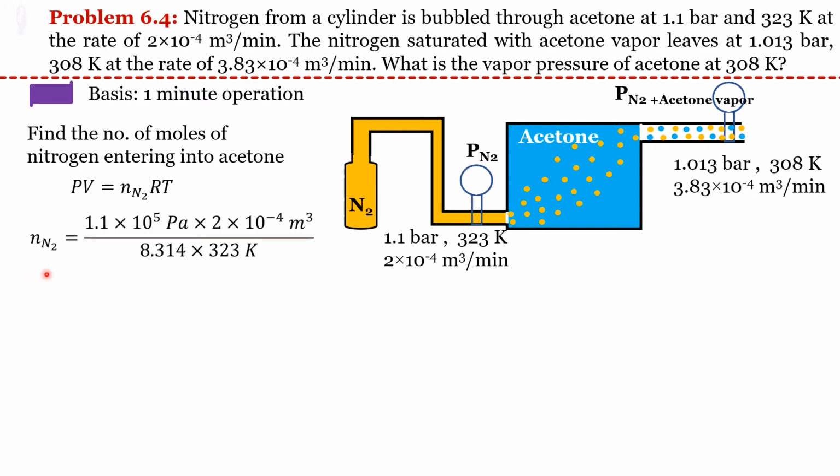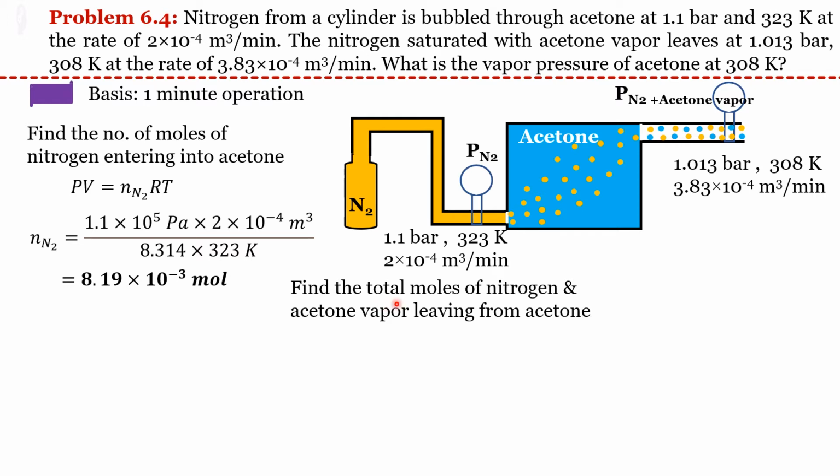Further, we can write the number of moles of N2 equal to PV divided by RT. Here we have to convert 1.1 bar to Pascal, the volume is given, the gas constant is 8.314, and the temperature is given. So we can estimate the moles of nitrogen entering into acetone.